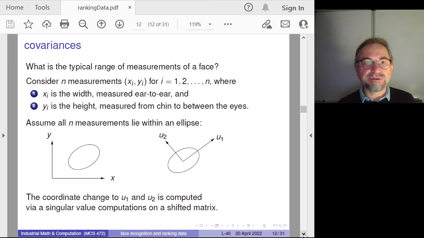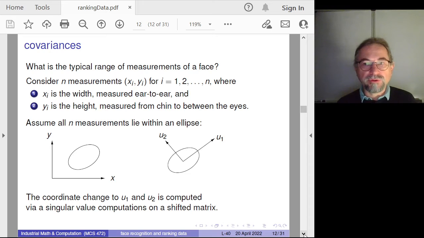Now, of course, you cannot apply this directly. So here is the covariance matrix that comes up. To introduce the idea of covariances, suppose that you would be a lot more restrictive. Instead of an image of a face, you would classify faces by measuring the width and the height. So you have two numbers.